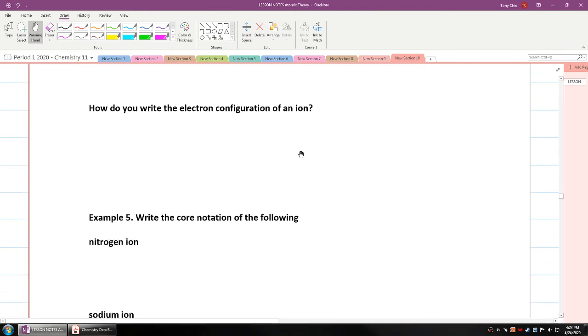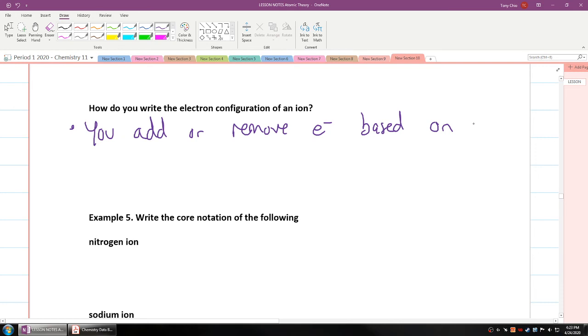To write the electron configuration of ions, you have the following. What you want to do is you add or remove electrons based on the ion itself. But there's a rule. Okay.